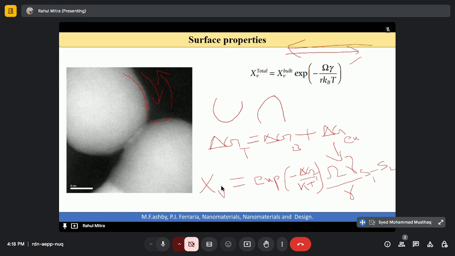If I define here, suppose this is your atomic mobility, and this will be the vacancy mobility. This is how it happens.